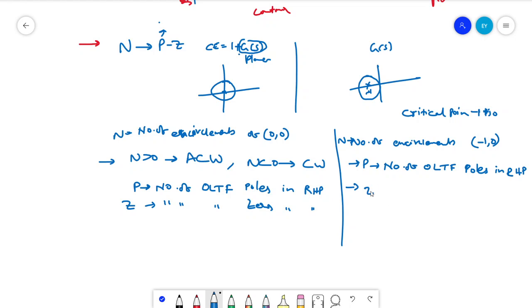Okay, and Z will be the number of closed loop transfer function zeros in the RH plane.